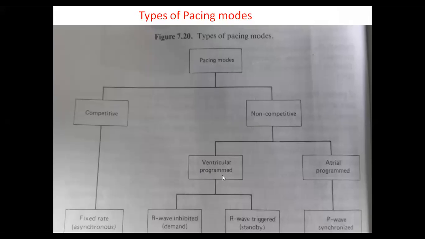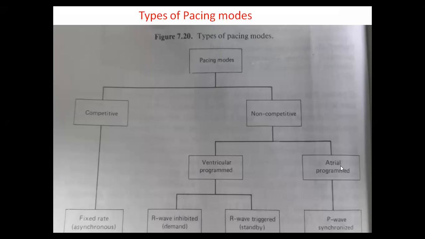Ventricular programmed are again classified into two types: R wave inhibited and R wave triggered. R wave inhibited pacemakers are called demand pacemakers, and R wave triggered pacemakers are called standby pacemakers.